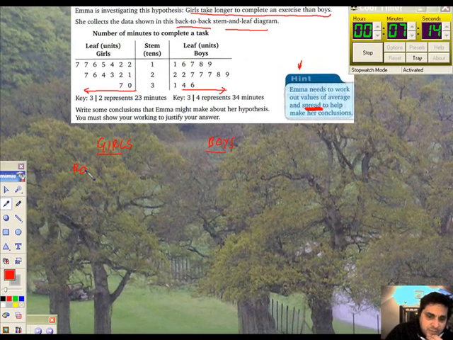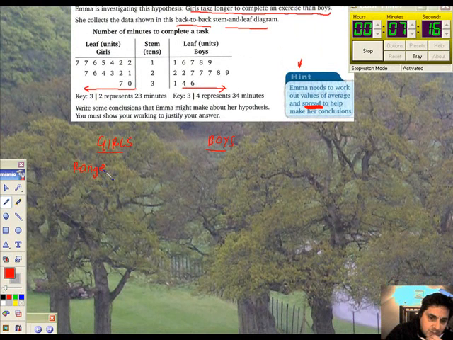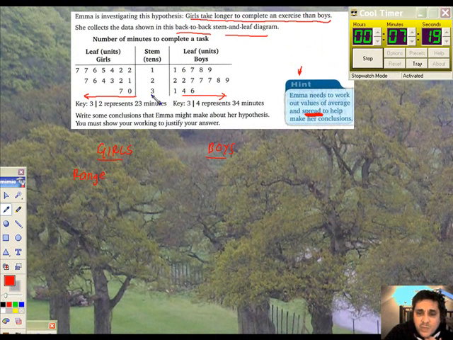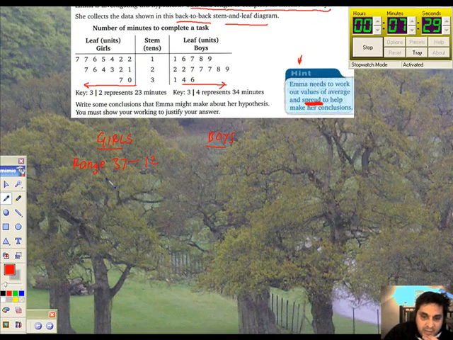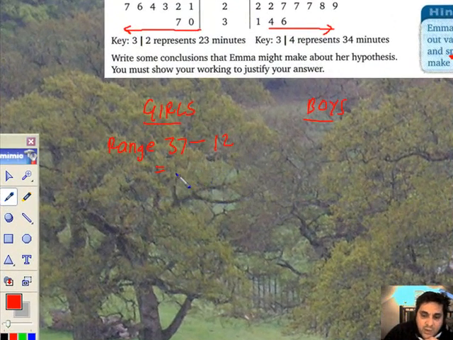Now let's do the girls' range. Biggest takeaway smallest. Well, the longest time was 37 minutes. So it's 37, takeaway the quickest time, 1 and 2, 12 minutes. 37 takeaway 12 is going to give us a 25-minute range, or 25-minute spread. And now the boys' range.